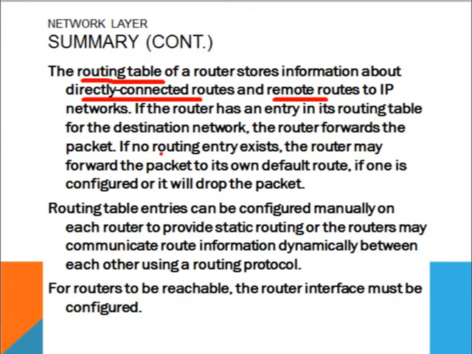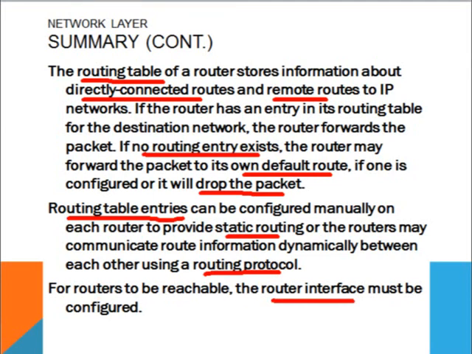If no routing entry exists, the router must send to the default route, or it will simply discard or throw away the packet. The routing table entries can also be configured manually through static routing or through different routing protocols. And finally, for the routers to be reachable, the router interfaces must be configured.